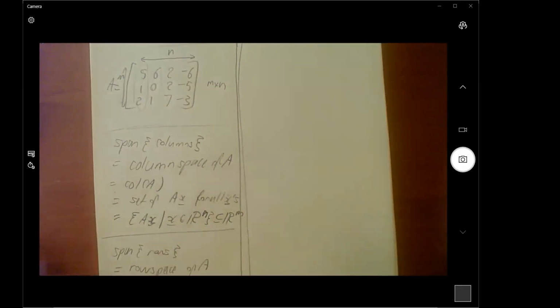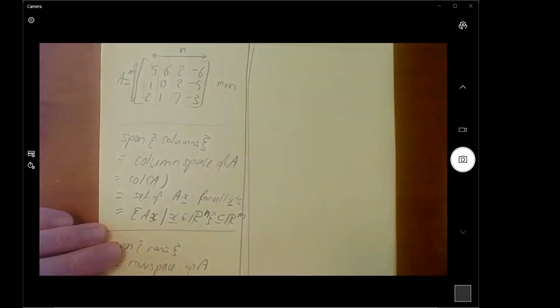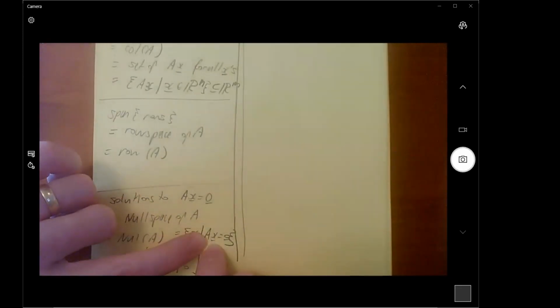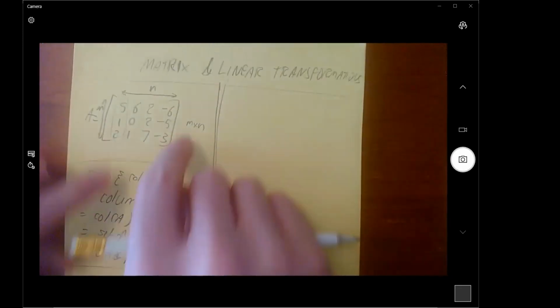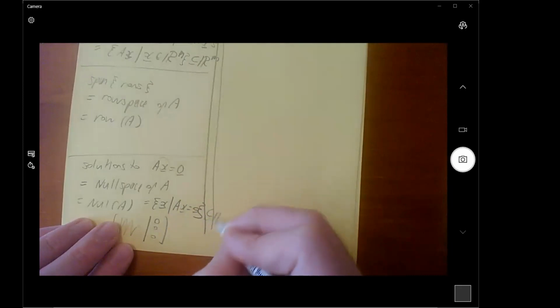So the column space is made out of columns, and the columns have M coordinates, so the column space is in Rm. The row space is made of things with N coordinates, so the row space is in Rn. And the null space is made of vectors that are able to multiply by the matrix on the right-hand side. And so if I'm going to put a vector in this position here, it has to have N coordinates so that you're able to multiply it. So the null space is in Rn.